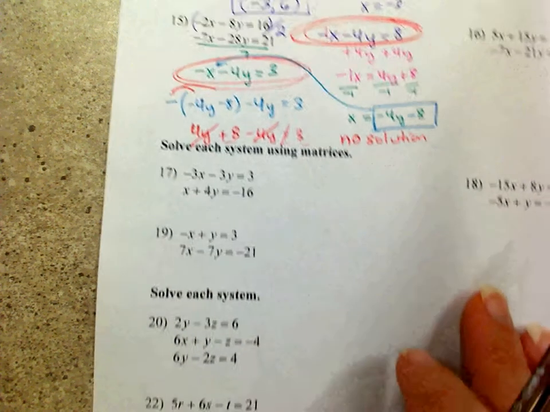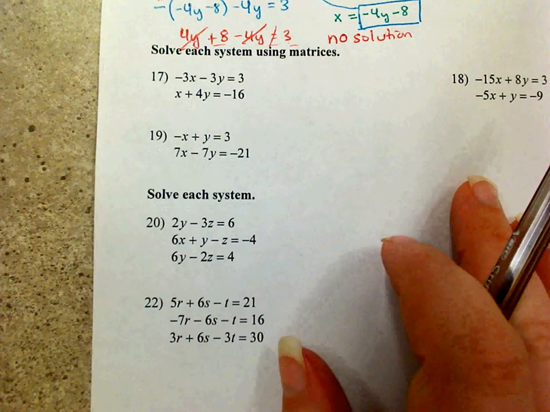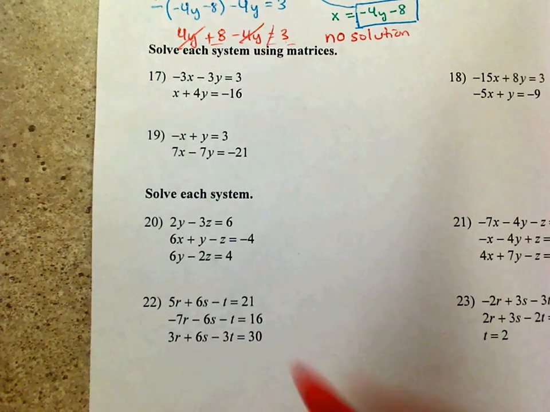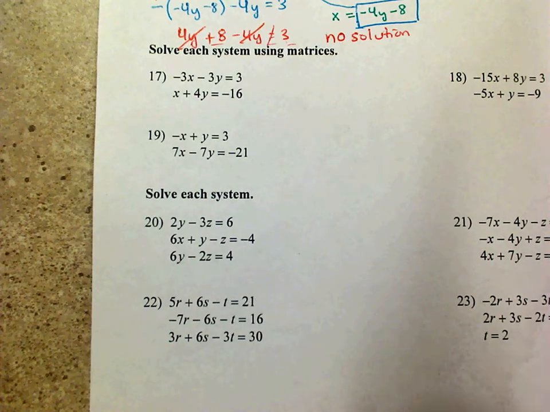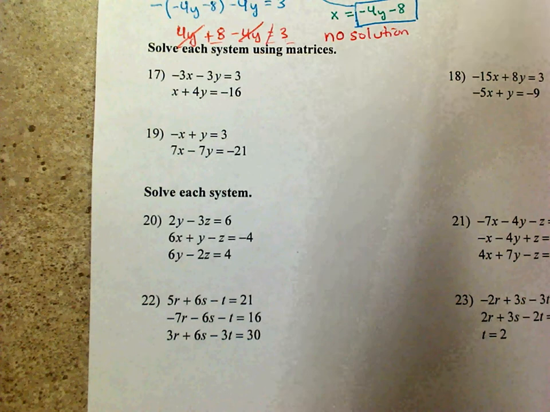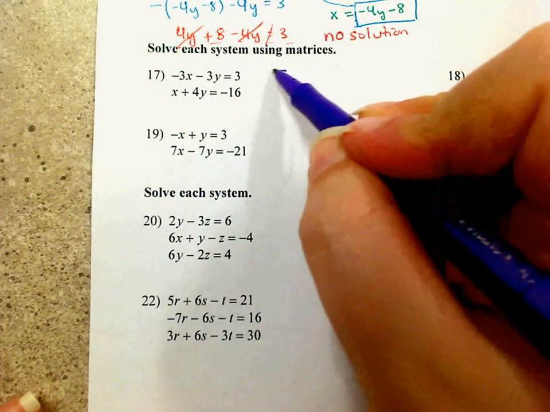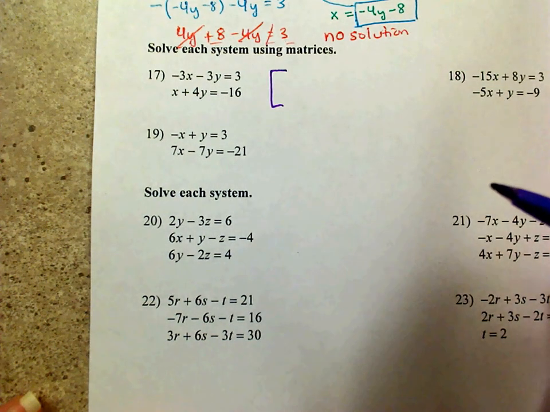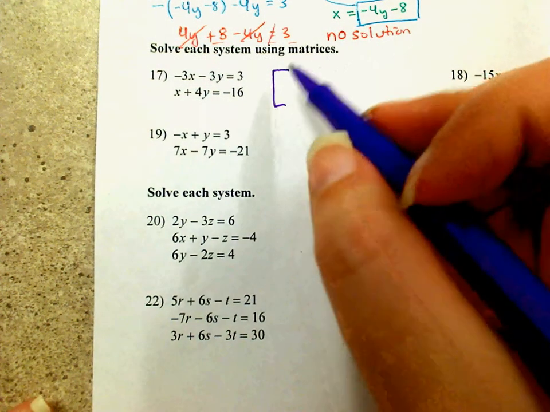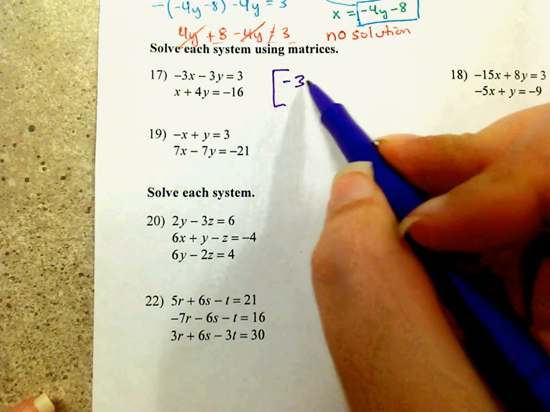Okay, so we've only got 4 more to do together. Well, actually, we've only got 1, 2, 3, we have 4. Okay. What we're going to do is we're going to solve using matrices, yeah? For your work, guys, here's what I need to see. I need to see the matrix that you're going to plug in your calculator. So, as far as what I'm going to write down, what are the numbers I put in? Negative 3 and 3.